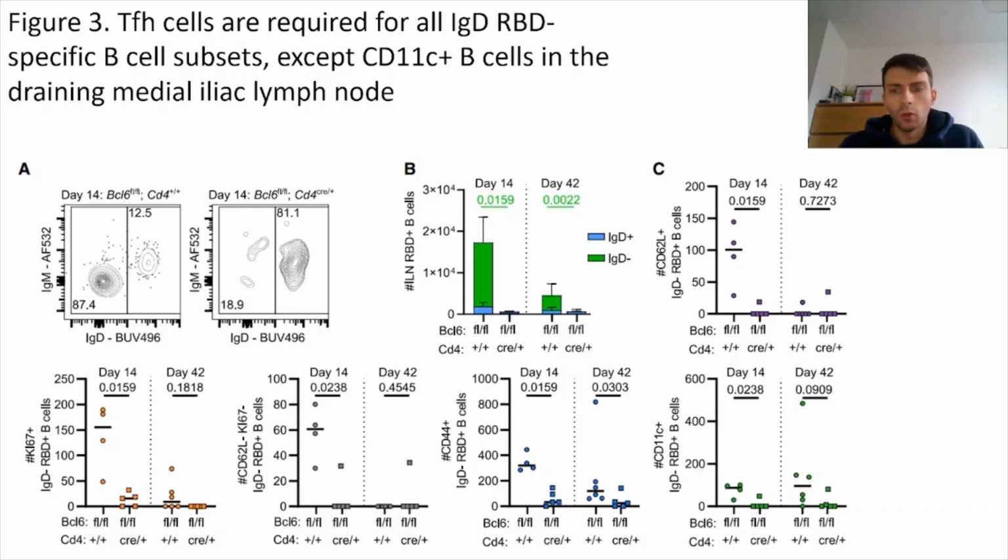And essentially, all of these populations are reduced in the mice which have CD4 active with BCL6 being floxed. And so this tells us that Tfh cells are required for all of these RBD-specific subsets. The only one that is slightly different here is that at day 42, the CD11c isn't quite as significant, suggesting that these atypical cells may have some route beyond that of the germinal center in order to be derived.